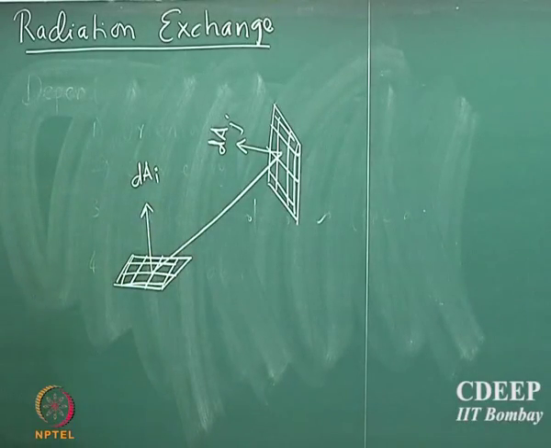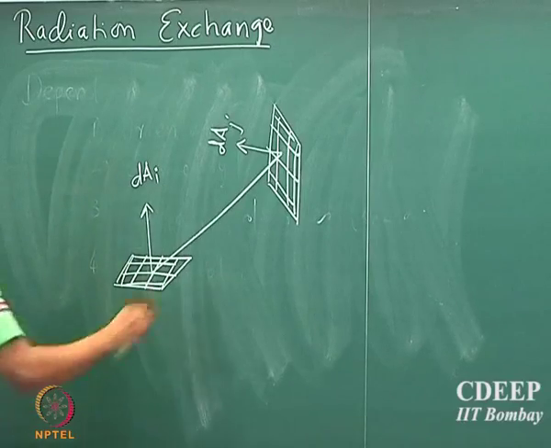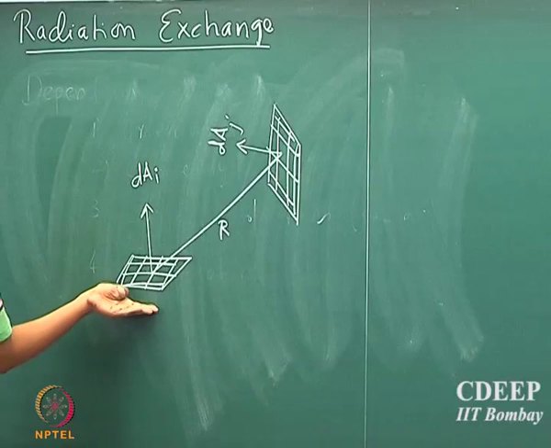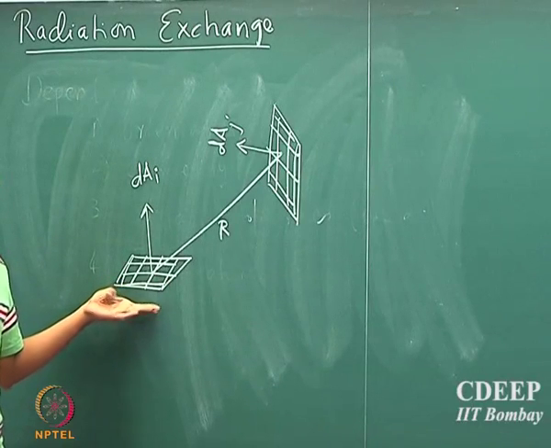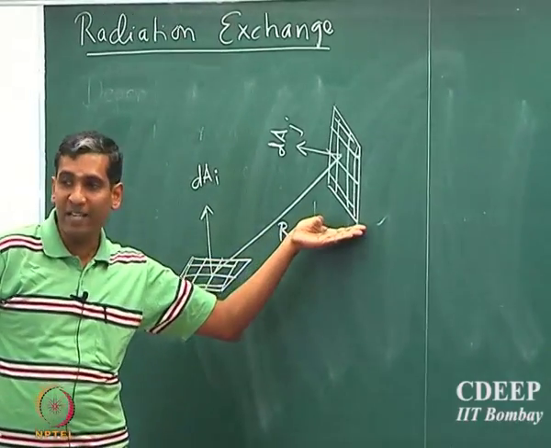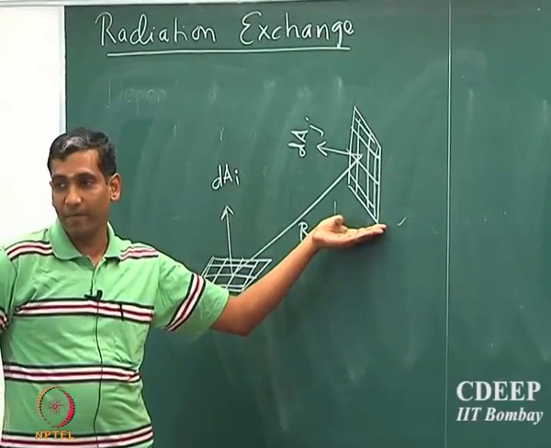If that is the line that connects the midpoints of the differential elements and the distance is r, the view factor is whatever is the total emission that comes out of surface I, and what fraction of that is received by surface J.